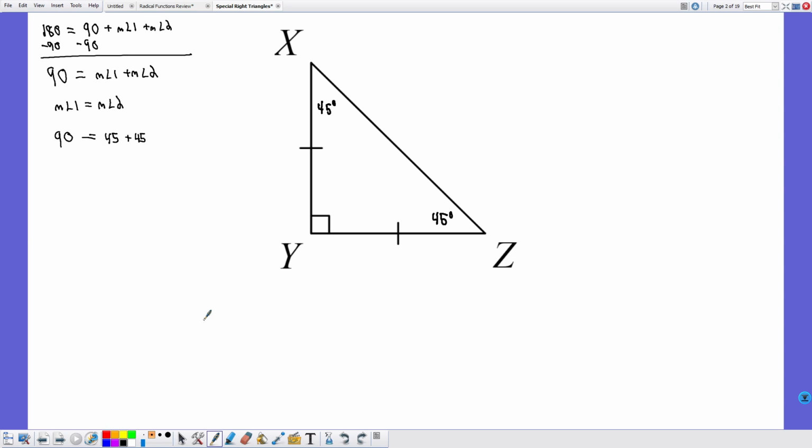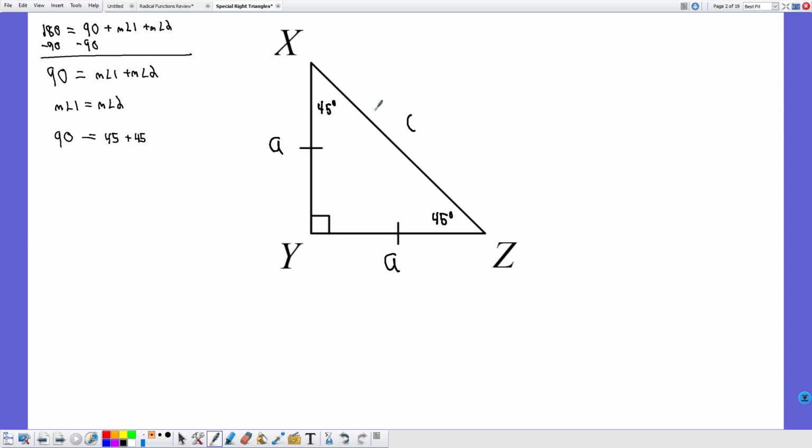Well, because it's isosceles, I know that XY has the same length as YZ in this case. If we use the Pythagorean theorem, normally the sides are A, B, and C is the hypotenuse. But in this case, A and B have the same length, so I can just use the same variable A, and C is still my hypotenuse.